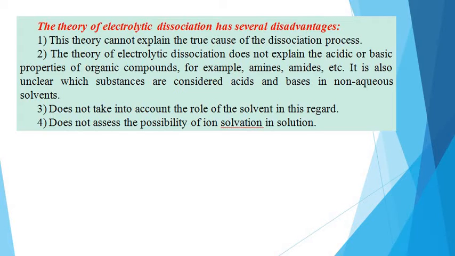It's also unclear which substances are considered acids and bases in non-aqueous solvents. It does not take into account the role of the solvent in this regard, and does not assess the possibility of ion solvation in solution.